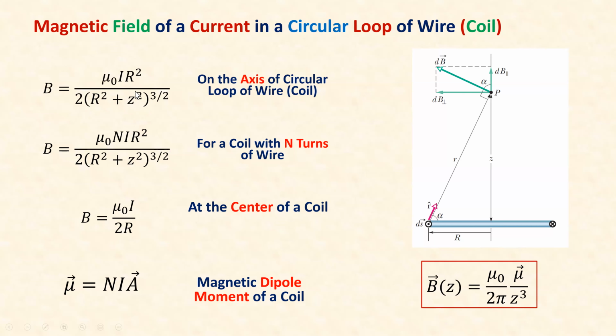Okay. And then you have mu naught mu. So mu naught over 2 pi, mu over z cubed, is the magnetic field of a small magnet of magnetic moment mu along the axis. All right. Any questions?